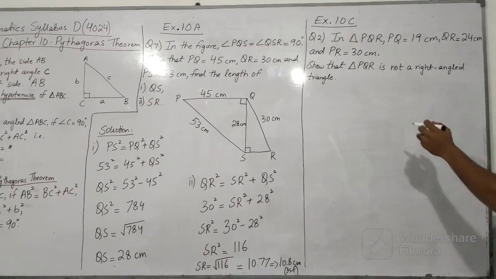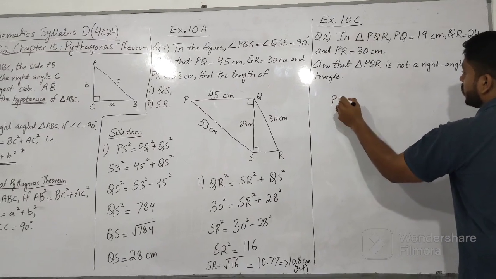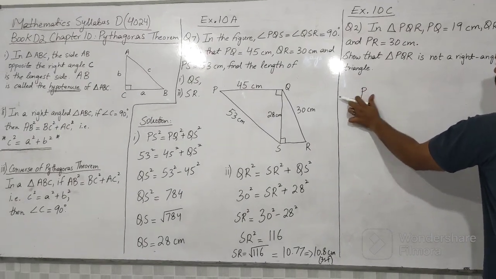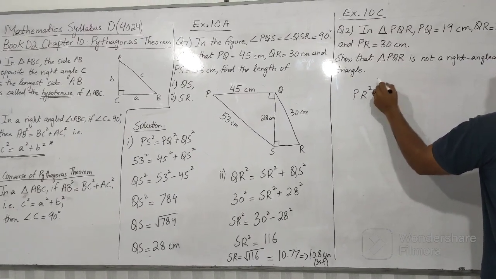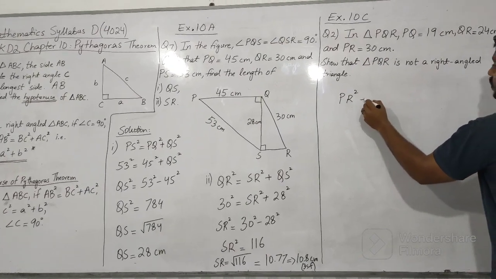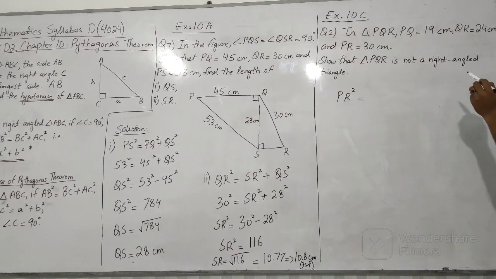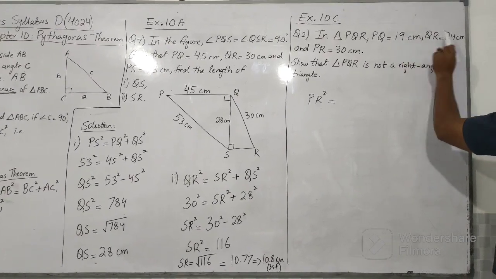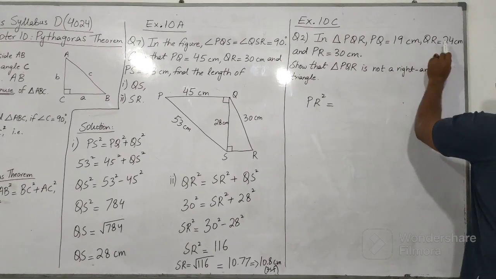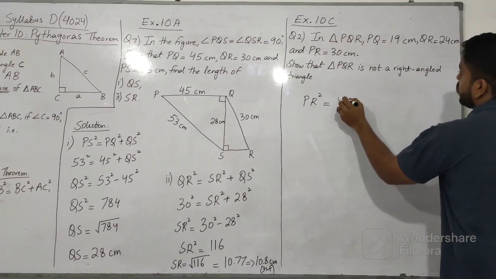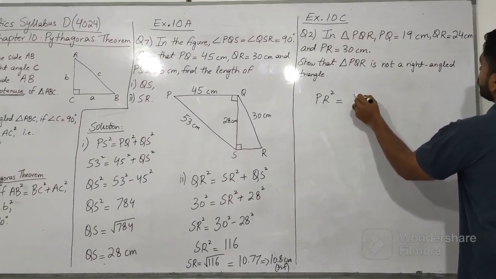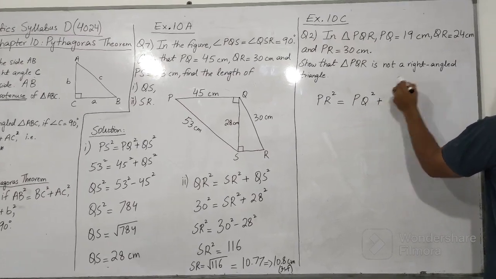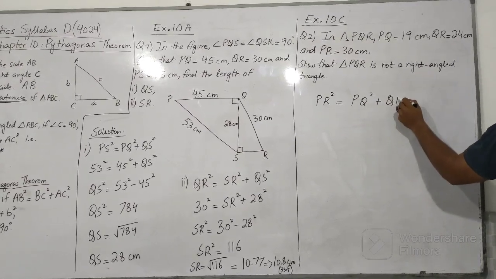So we have to write an equation containing this PR square and the total of the squares of these two sides, PQ square plus QR square.